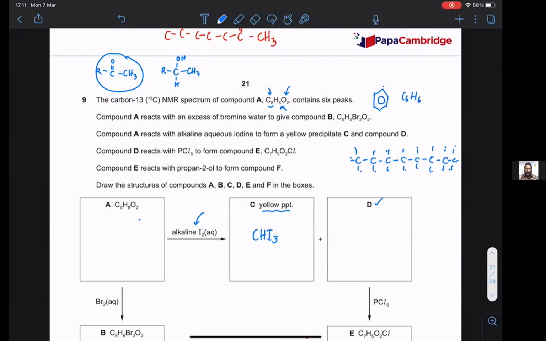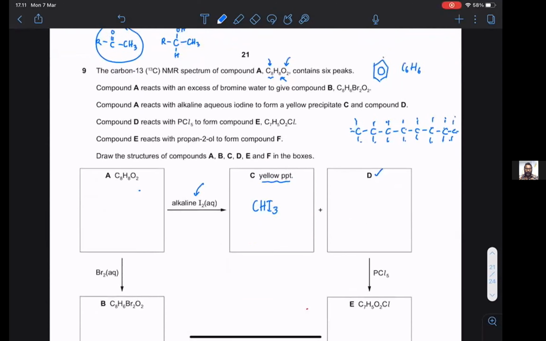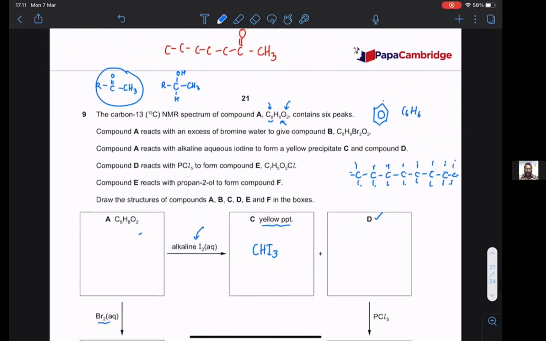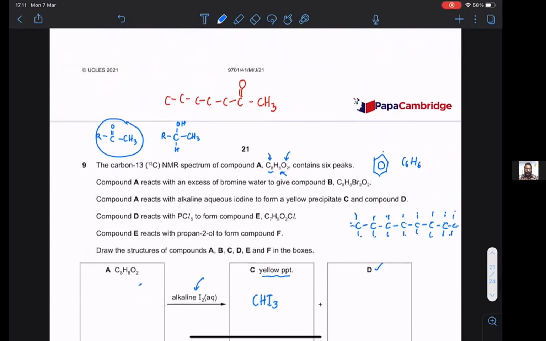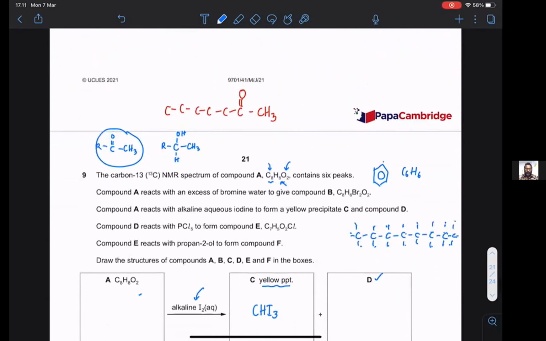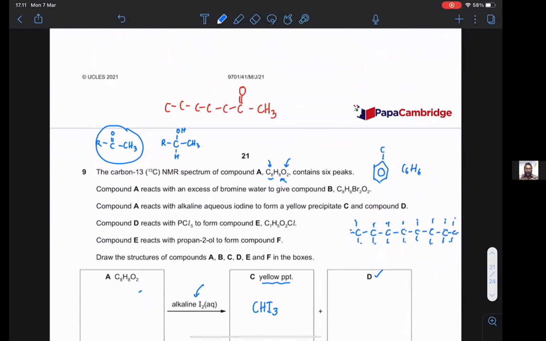But if you react with Br2 over here, they say that it is going to give you something like this. So if I have just alcohol, let's try to calculate. Maybe I have carbon, and then CH3, and then hydrogen, and then OH. So that is one of it.